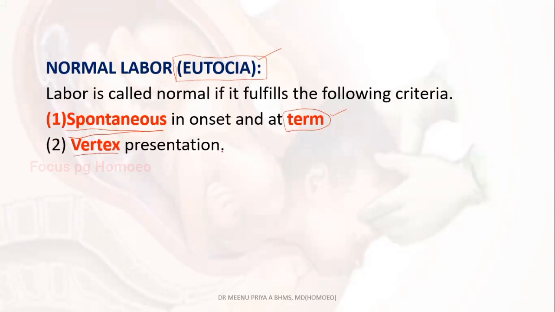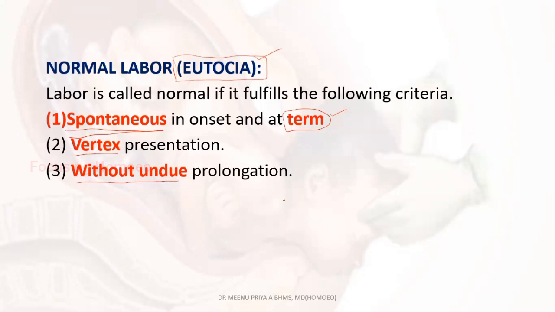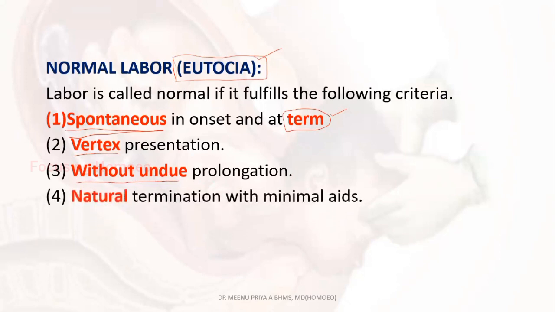This is normal. If a fetus with vertex presentation goes into labor, then it is called normal labor. And then it should be without undue prolongation, because there are a few conditions associated with prolongation. Those are not there.